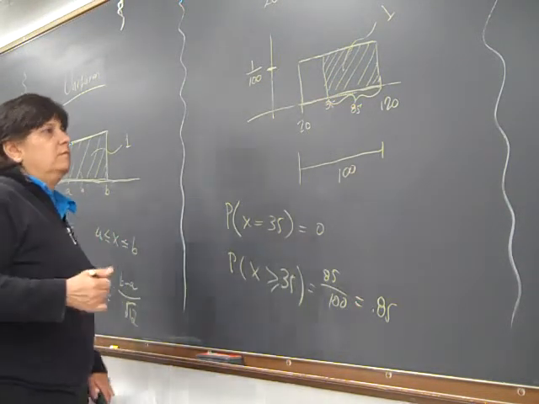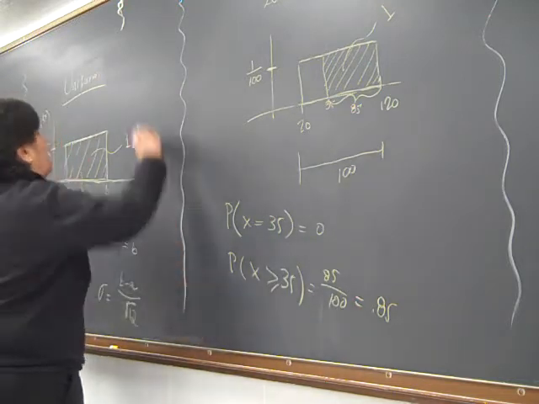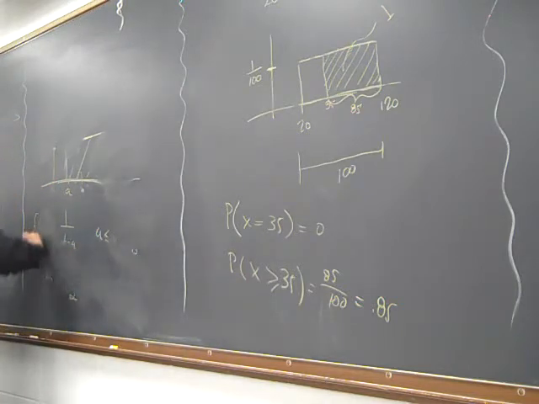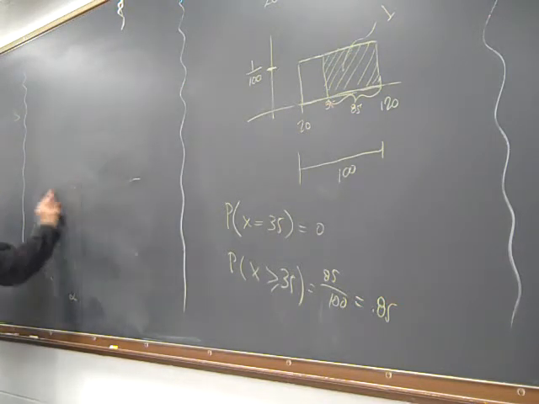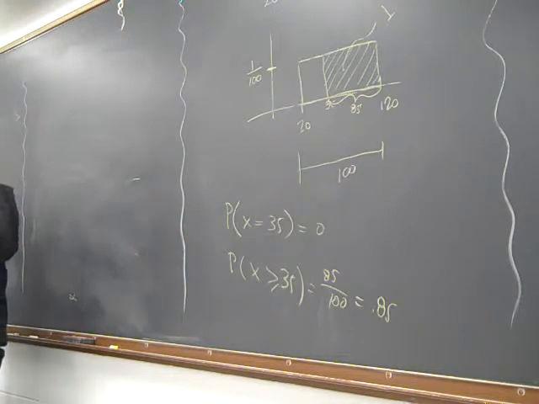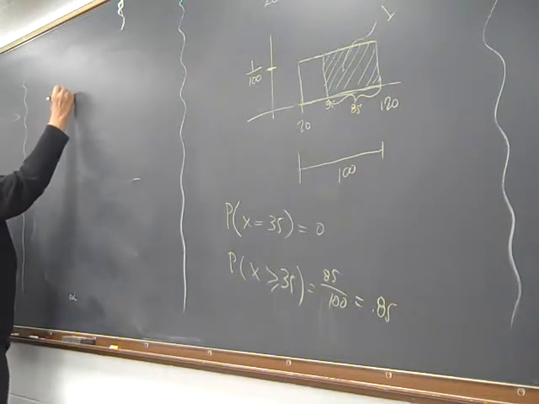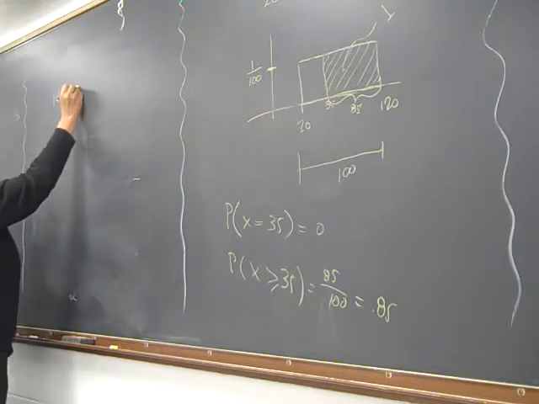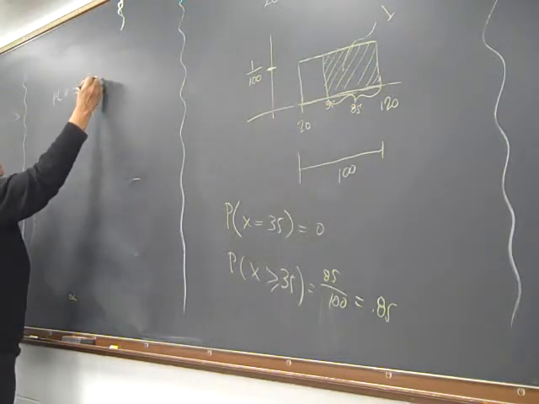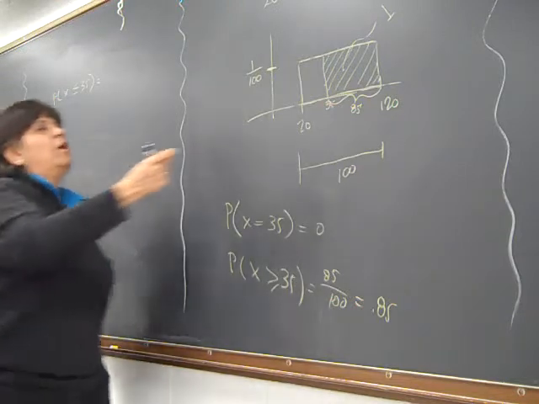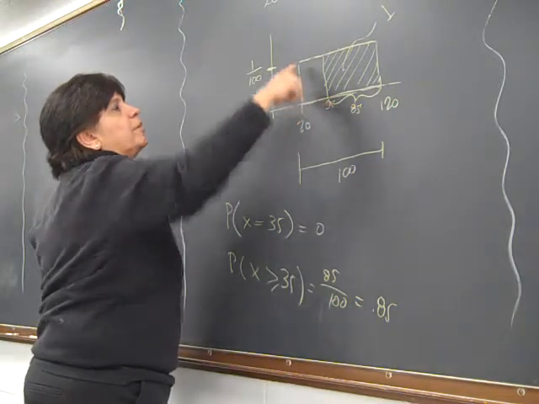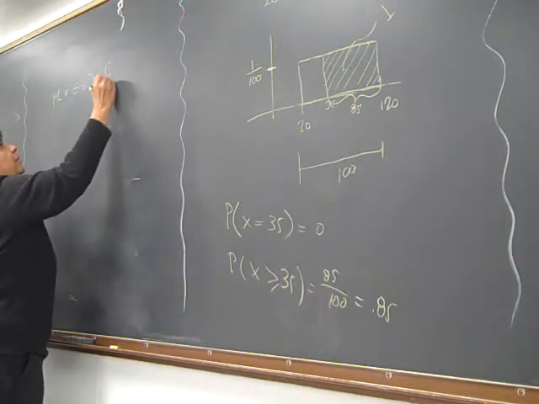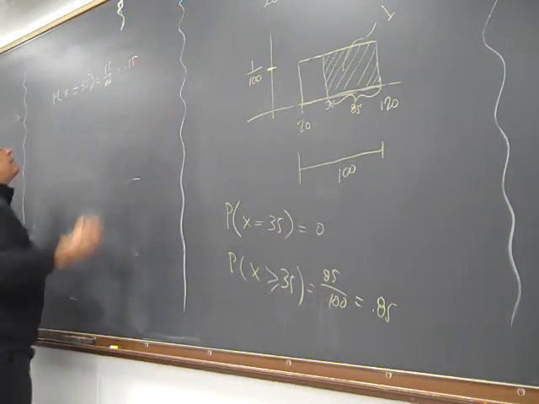Okay? Now, in the same example, I can ask you many things. What is the probability that your next bill is less or equal than 35? So you need to know how much is this base times this height. So it's 15 divided by 100, and this is 0.15.